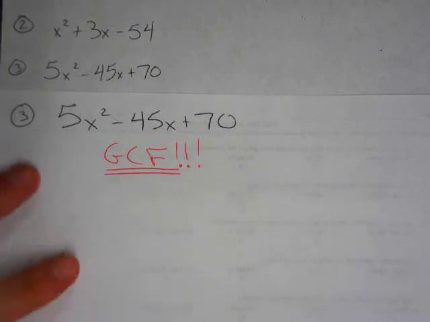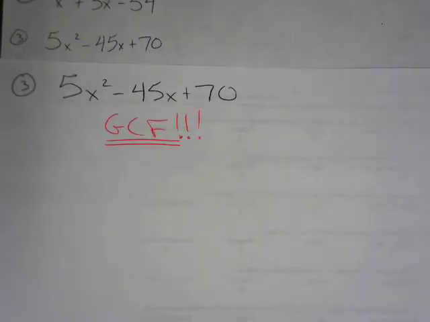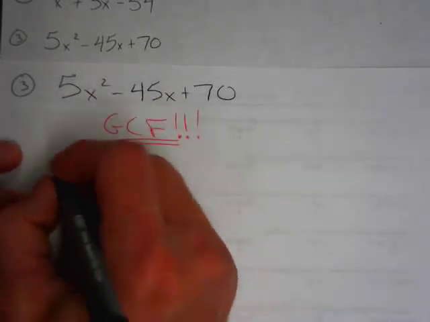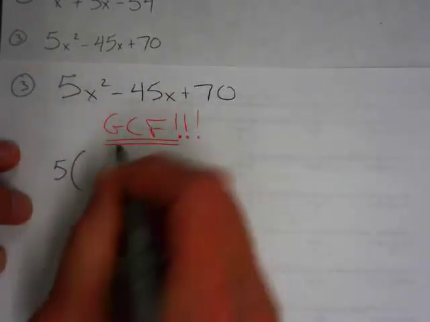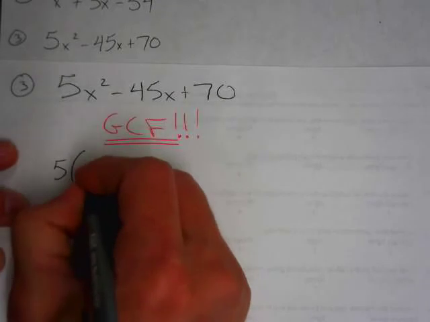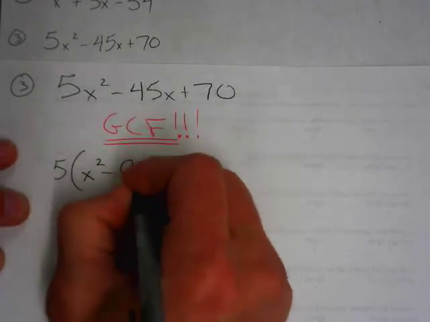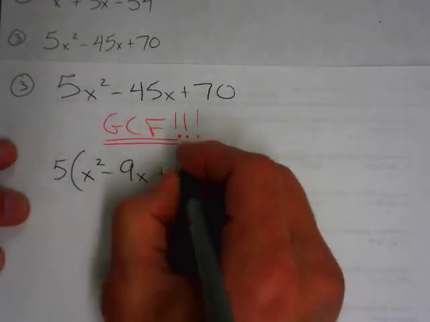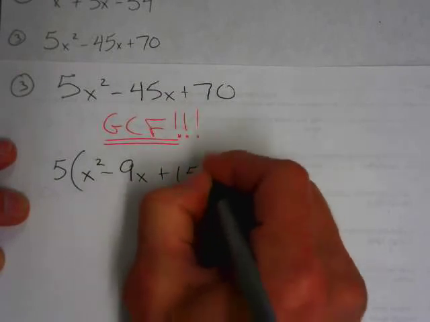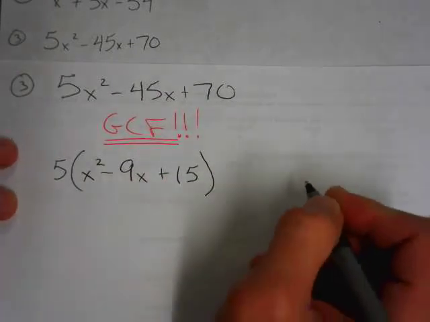So if you notice anything cool about that, greatest common factor, that means we can factor out the greatest common factor. And so that is what we're going to do. We're going to factor out a 5 from the entire expression.